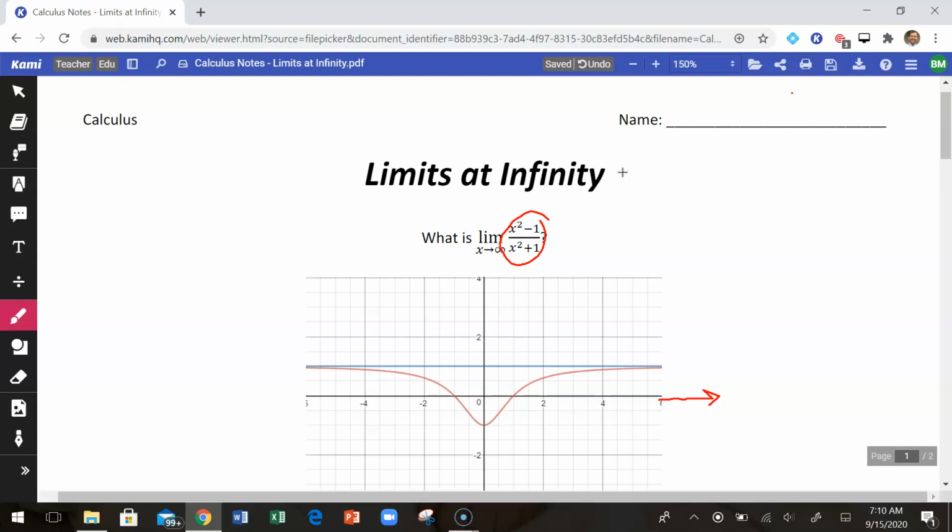You can see that because I already drew the horizontal asymptote there. Our y values for this function are leveling off at 1, and they will never cross or actually equal 1. It will just continue to approach 1 as we go towards infinity. So the answer to this is 1, because as my x's get closer and closer to infinity, going to the right, my y value keeps on approaching 1.